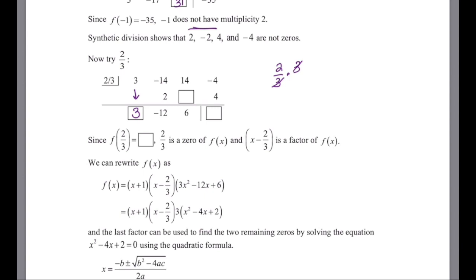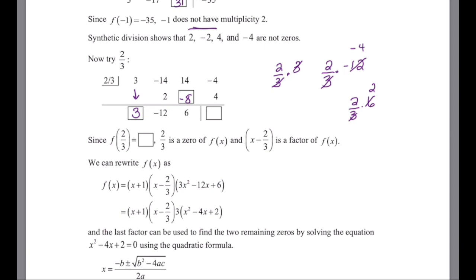-14 plus 2 is -12. What is 2/3 times -12? Here we would have -4. And 2 times -4 is -8. 14 minus 8 is 6. 2/3 times 6 gives us 4.